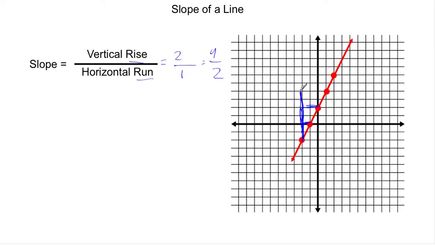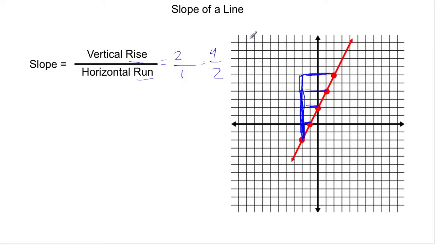Here I could go up 6 and across 3 spaces, which again is 2. And with these 2 endpoints here, I can go up 8 spaces and run horizontally 4, and this will give me, again, 2. This is slope.